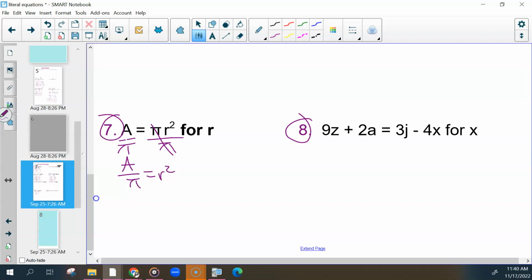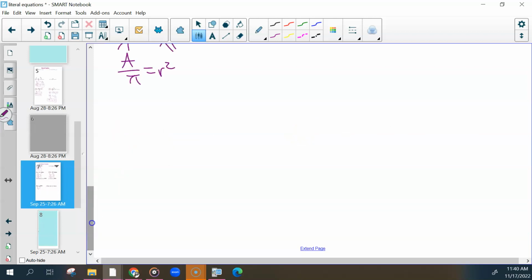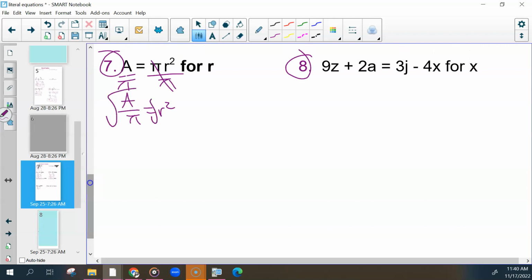Now if we're trying to get r by itself, what would we do? So take the square root of both sides. And what happens is the square and the square root cancel each other out.